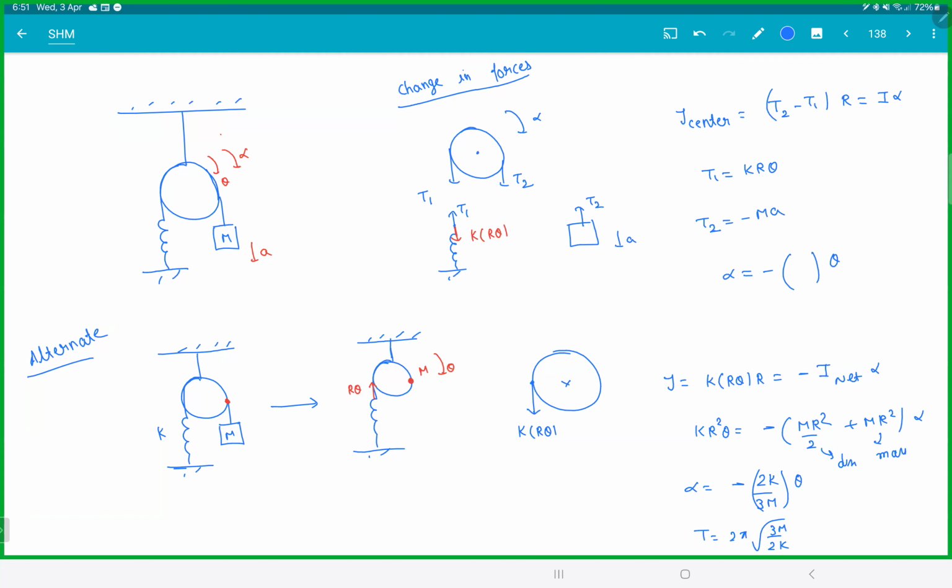Make sense? If you have done this, you'll get the same thing. Isn't that how we do the alternative? Replace the mass with the block at the point of intersection, or you can say attach the block. This will be the net torque method.